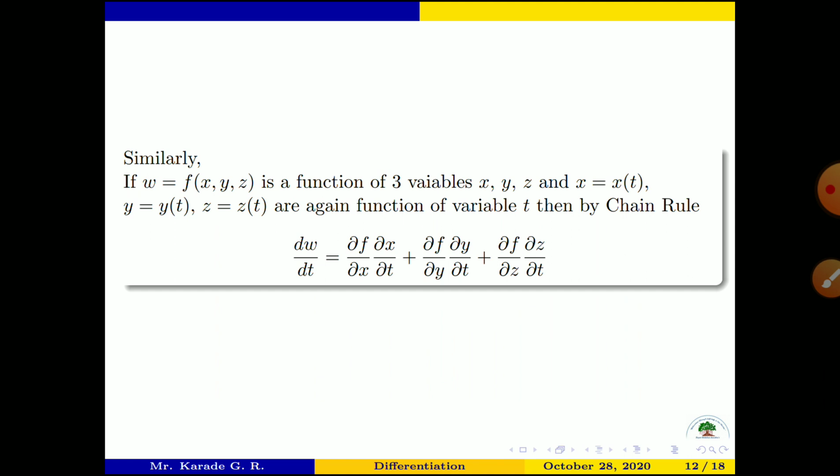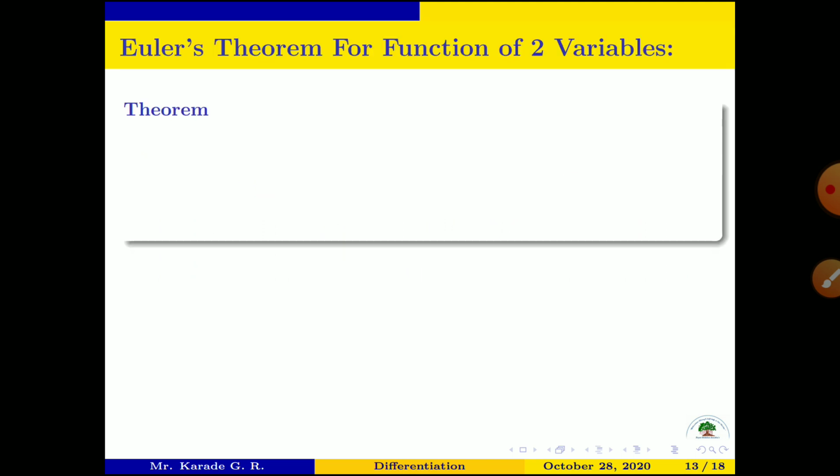So this is the formula to find the derivative of w with respect to t when w is a function of x, y, z and x, y, z are again functions of t. Okay, so this is our chain rule in the case of three variables.